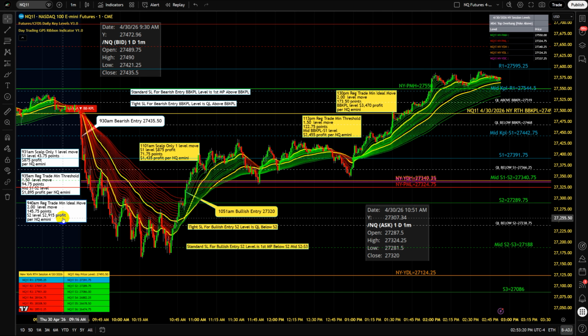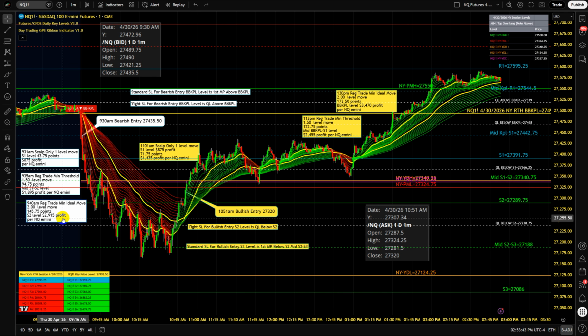Since 80% of the sessions result in a 2-level extension move away from the BBKPL in either direction, after a 2-level move you really need to be more cautious about managing your risk on trying to get any further moves out of it.